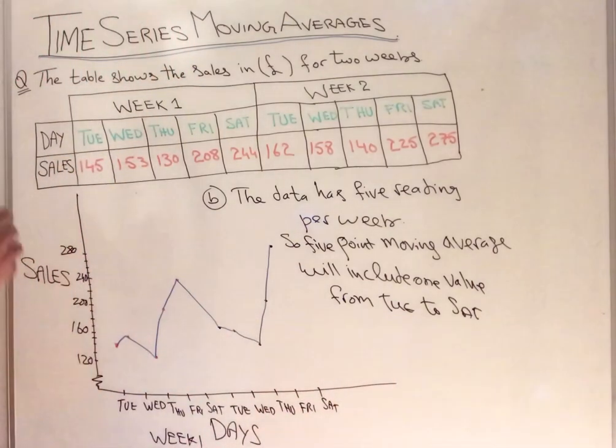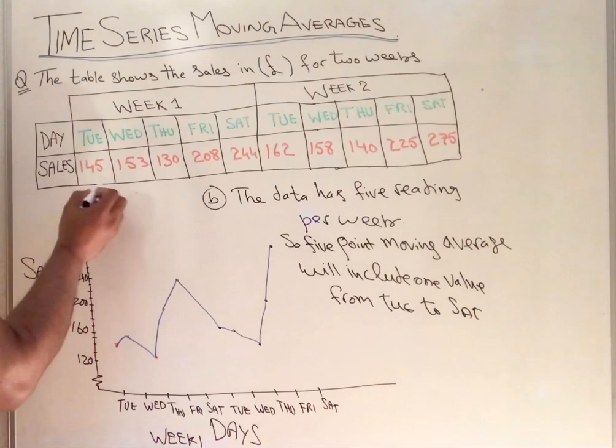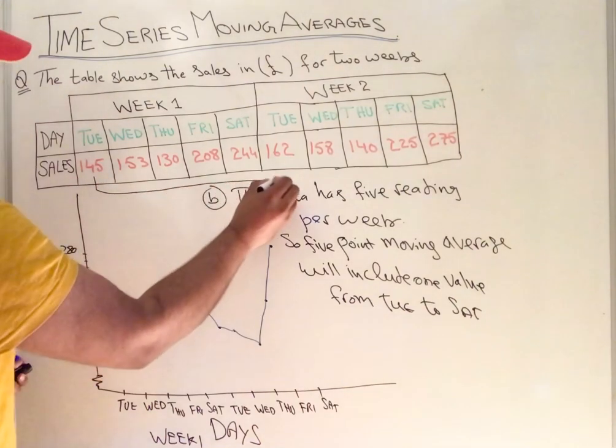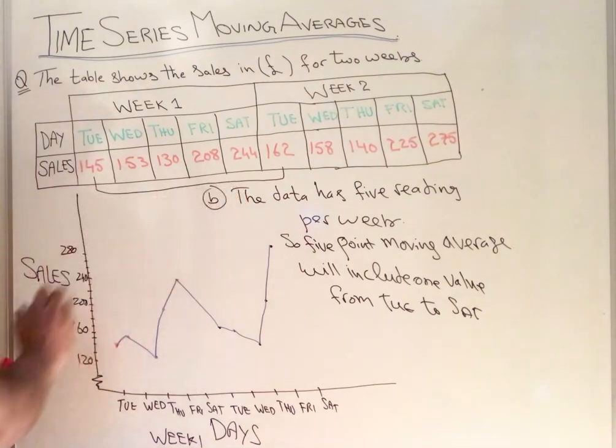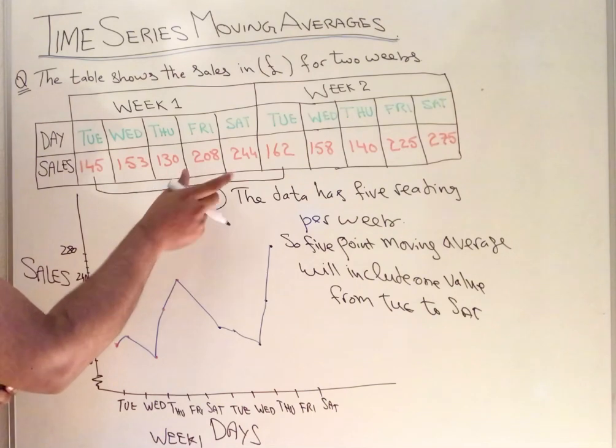If we are using a moving average, we have to move continuously. For example, if I write here, this is first, second, third, fourth, fifth. We need to add these 5 values, and then divide.